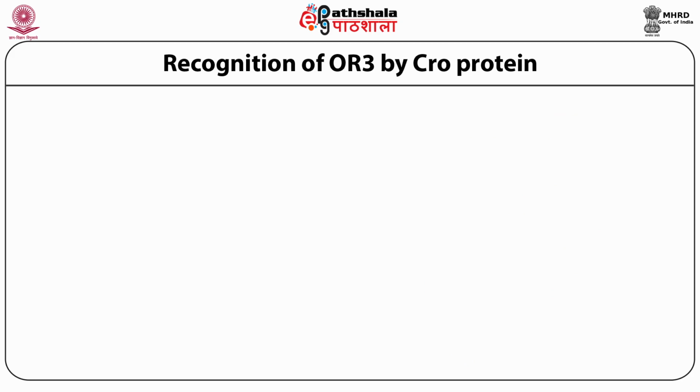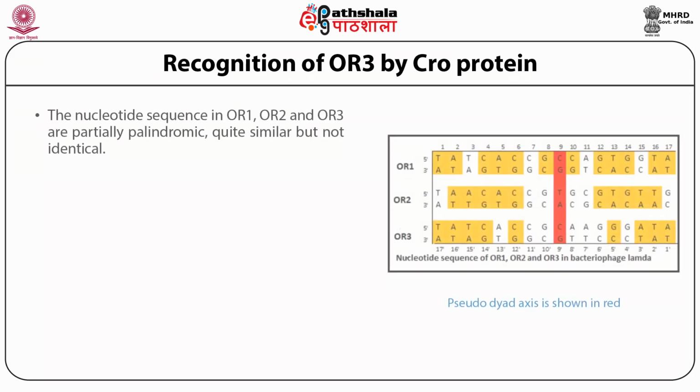We show in this picture the sequences of OR1, OR2 and OR3. The nucleotide sequence in these 3 regions is palindromic and quite similar but not identical.